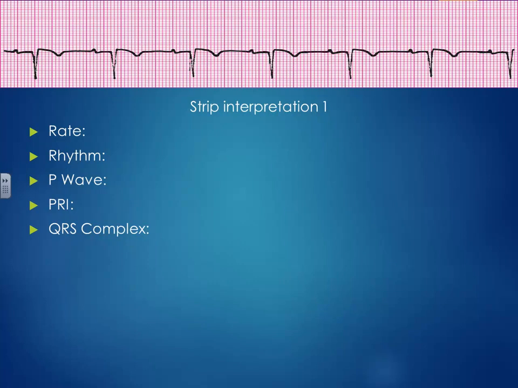Regular. You got a P wave? What's your PRI? Somebody tell me. I got 1, 2, 3, 4, 5. About 5.5. We'll just go with 6 blocks there. So 0.24.